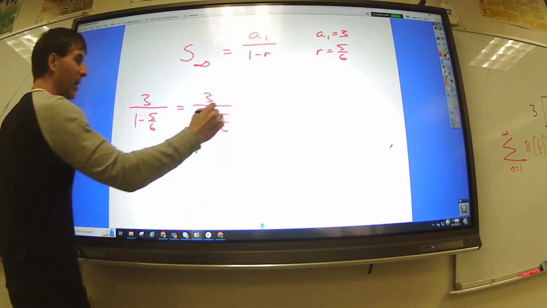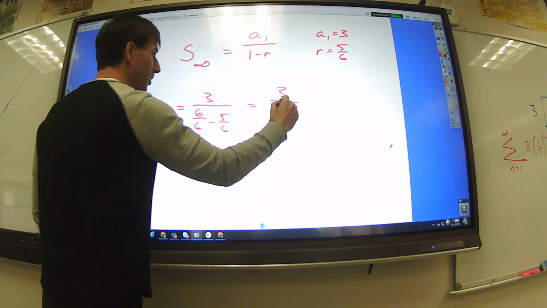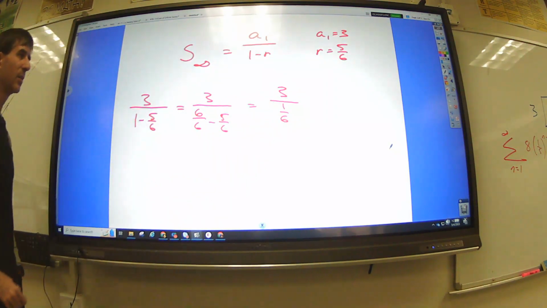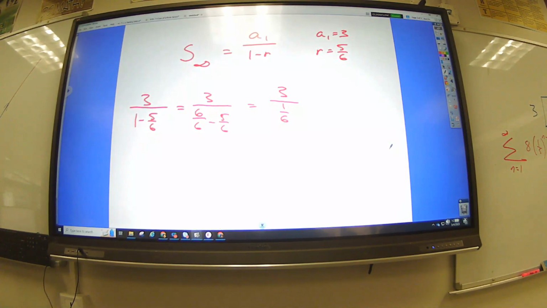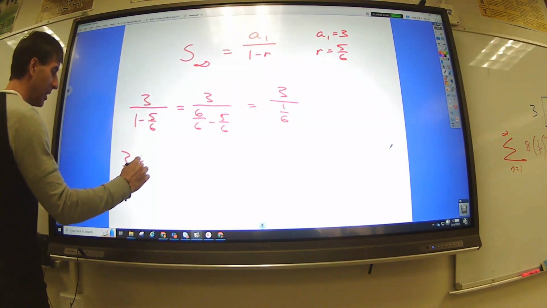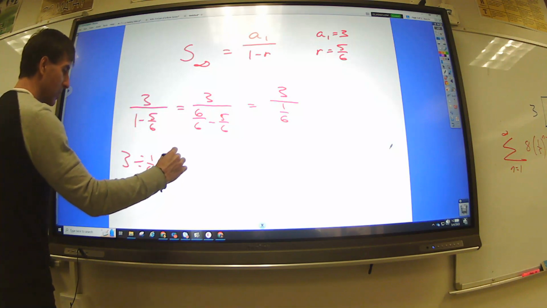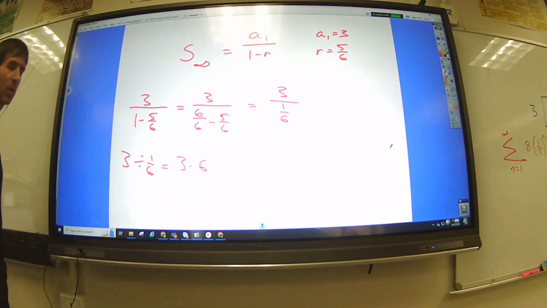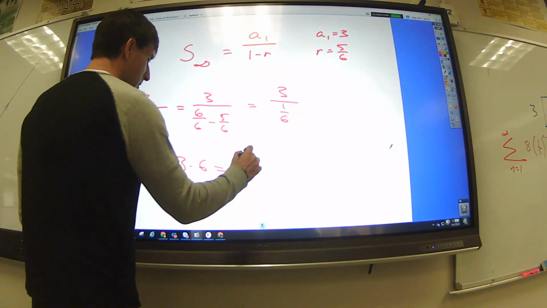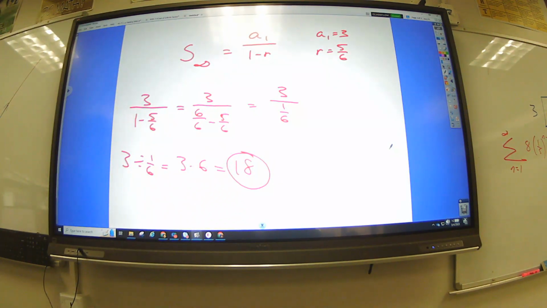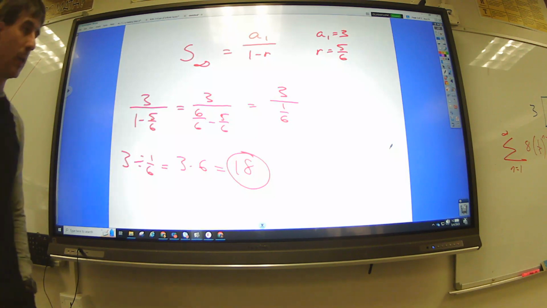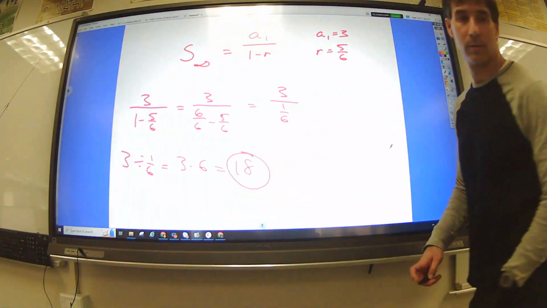What's 6 take away 5? 3 over 1/6, right? Which is 3 divided by 1/6, which is 3 times 6 over 1, which is 3 times 6, which is 18.